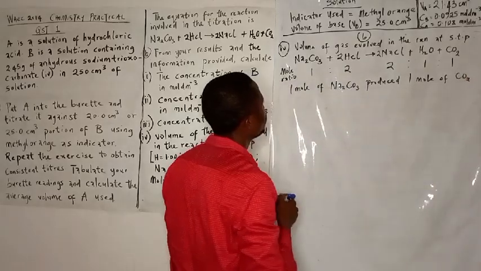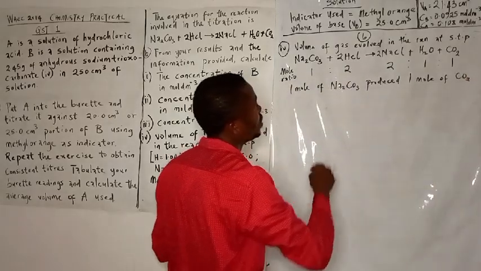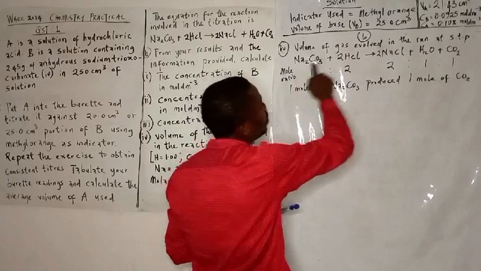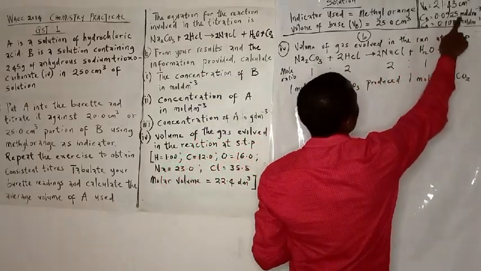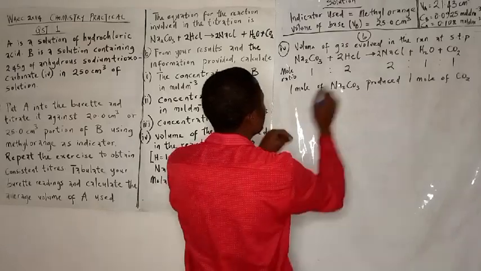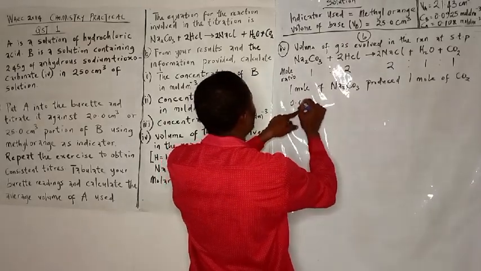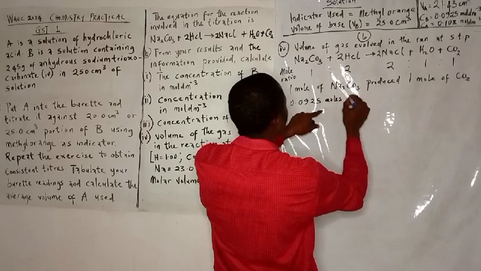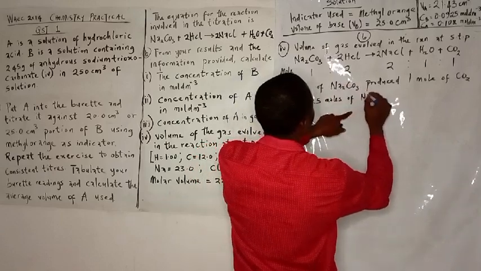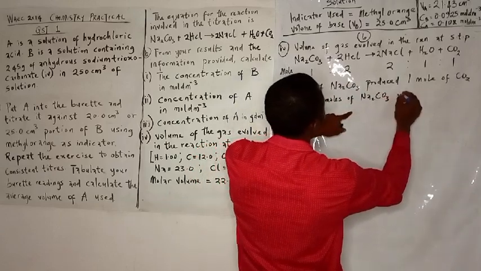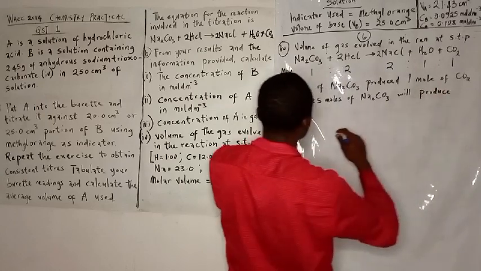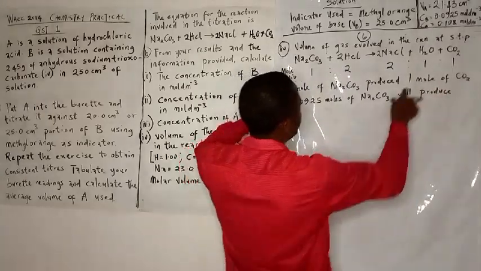And so we have been told that in this reaction the molar concentration of the base B is 0.0925. That means 0.0925 moles of Na2CO3 will still produce the same, because the mole ratio is 1:1.